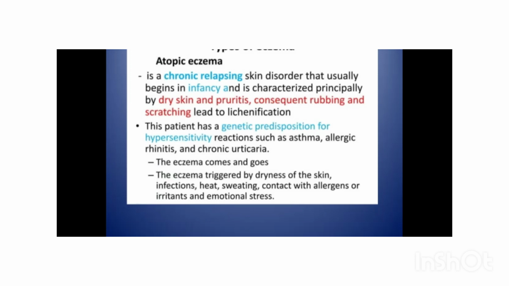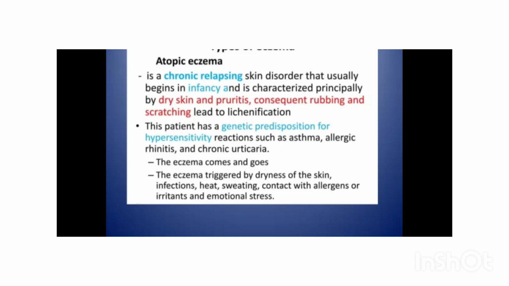Lichenification will be there because of constant rubbing and scratching of the skin. Some genetic predisposing factors can also contribute to this type of eczema because of the IgE immunoglobulins.